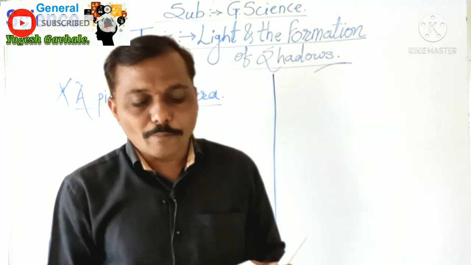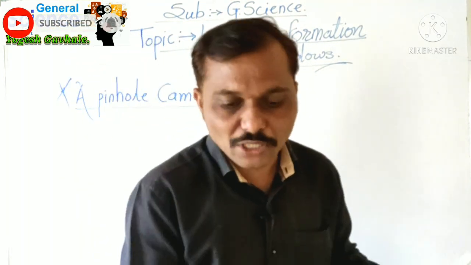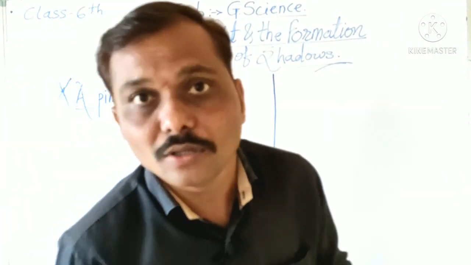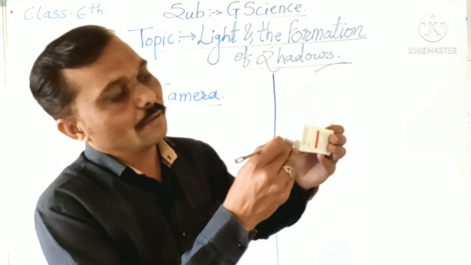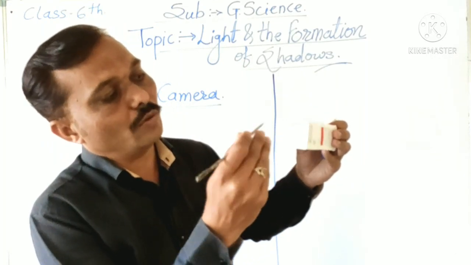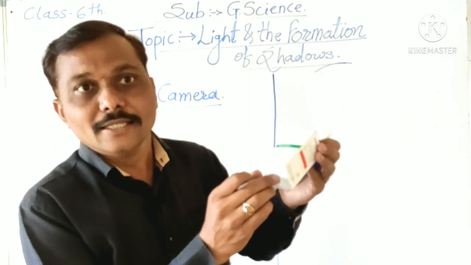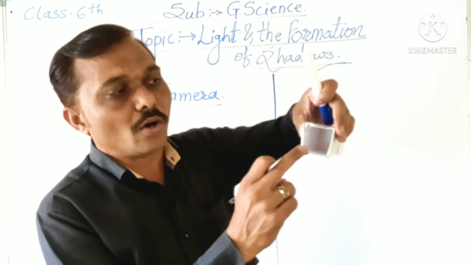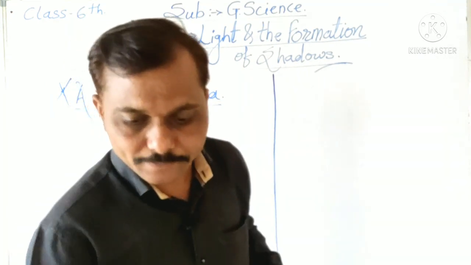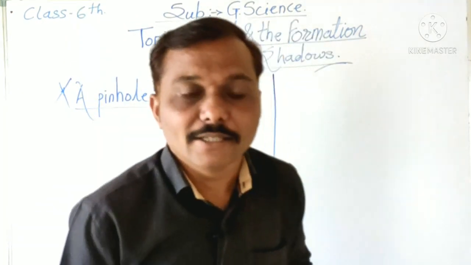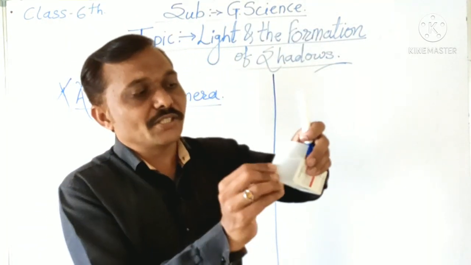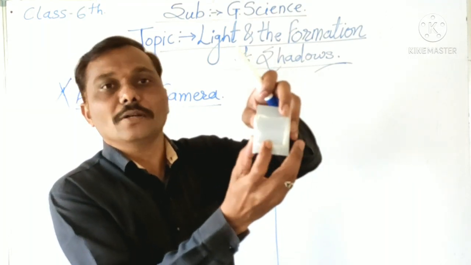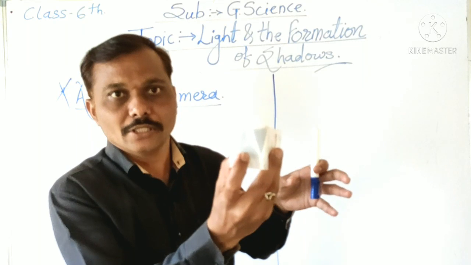Then make a pinhole at one end of the box, and then cut another mouth at the other end of the box. Then take a thin paper and stick it on the other end of the box, like that.